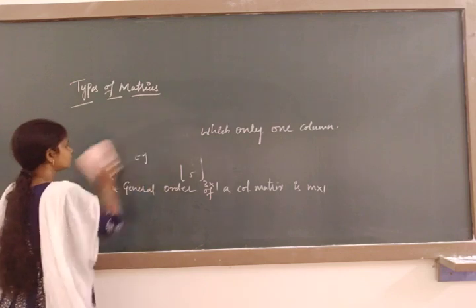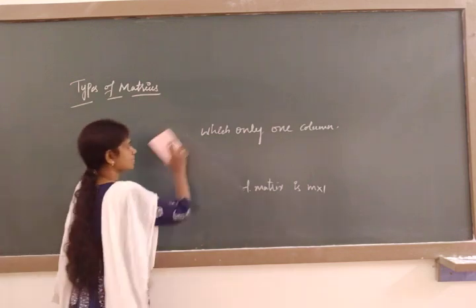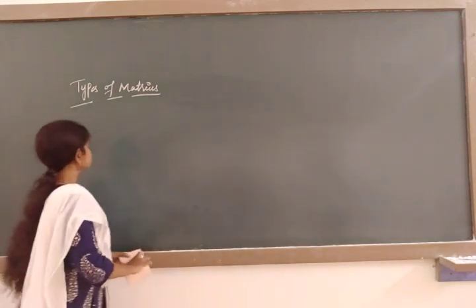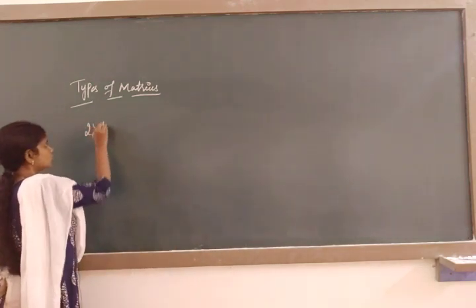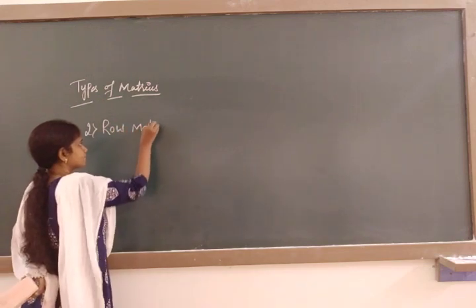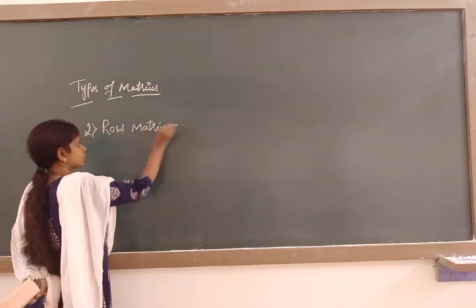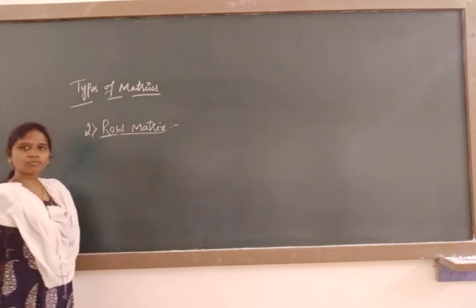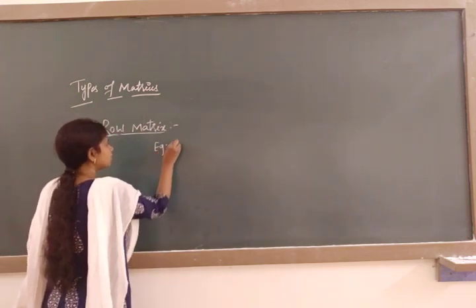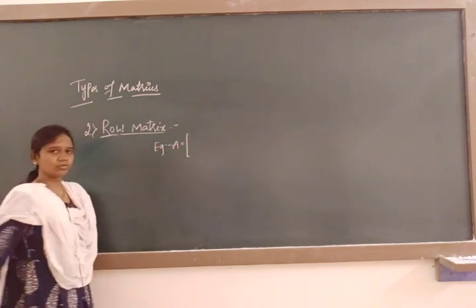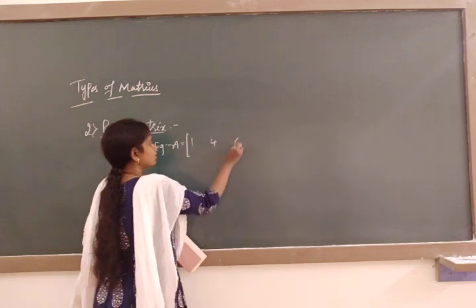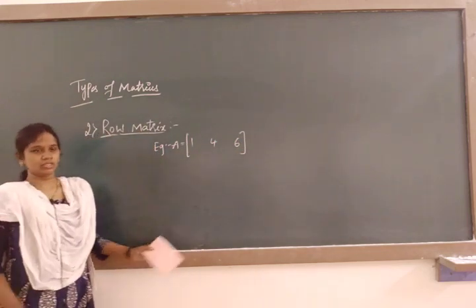Take down the second one, row matrix. What is the definition of a row matrix? By taking an example I will explain. Example, matrix A is equal to, we know that row means we write horizontally, so I will write the values 1, 4, 6.